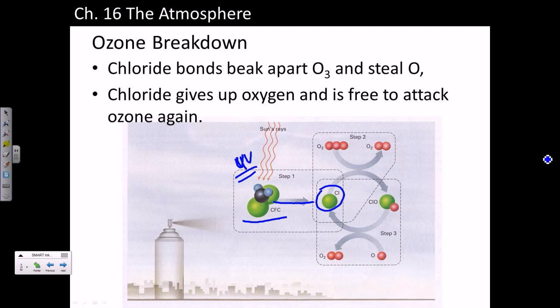And so what it ends up doing is it will strip off oxygens from the O3, and it will end up making O2 out of that, and then it can actually circle around in the system. So we can destroy ozone by adding CFCs.